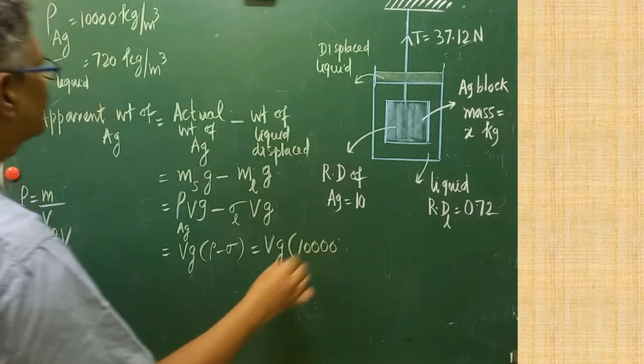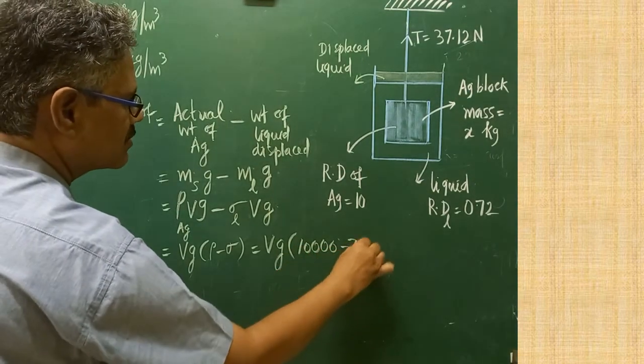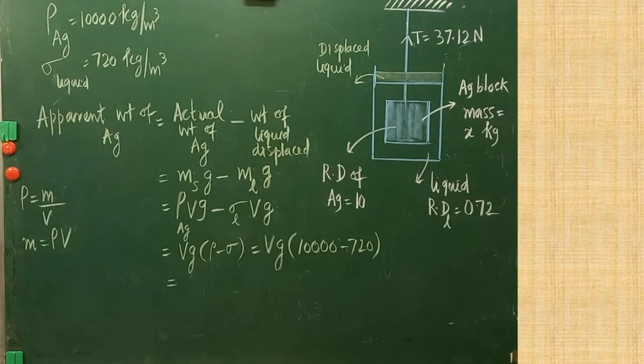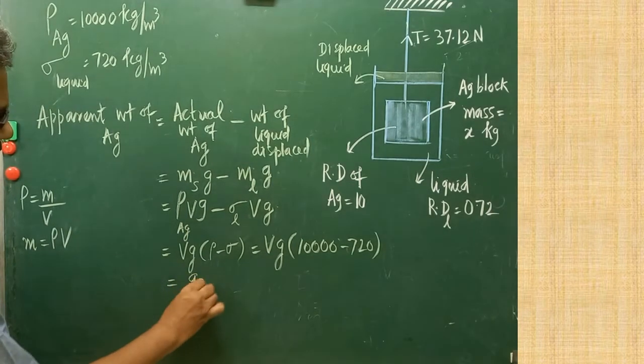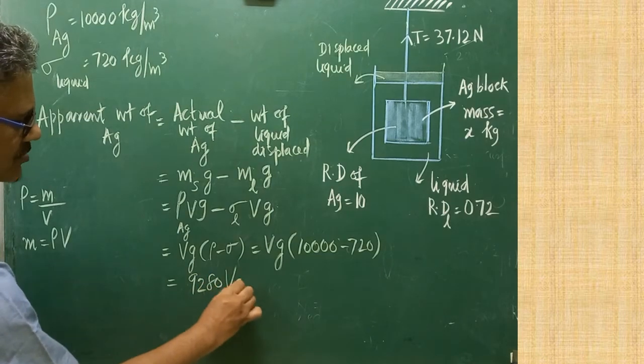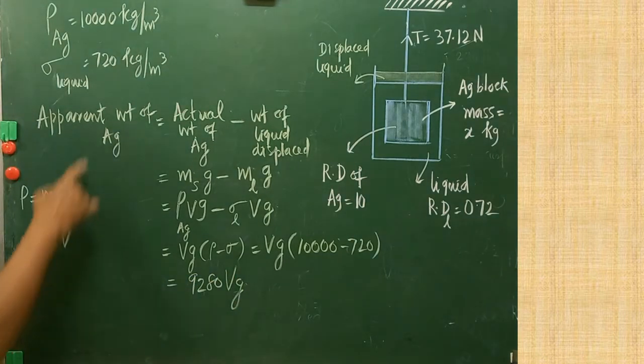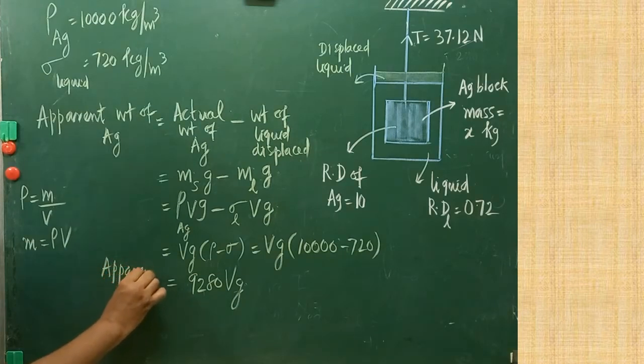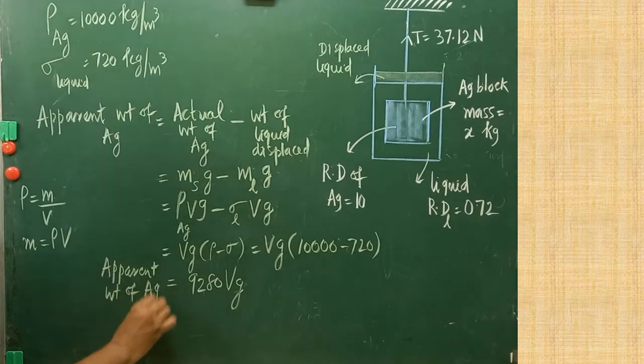10,000 minus 720. Are you clear? Both can be substituted. After substitution, you will get 9280. 9280 Vg you will get. What is this? Apparent weight of Ag. Apparent weight of Ag is calculated.